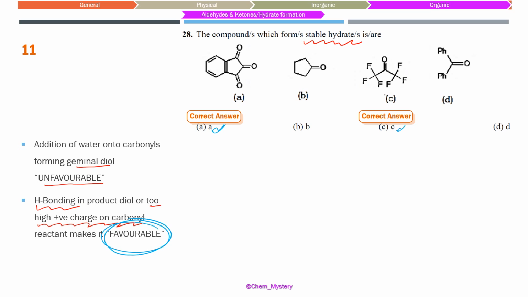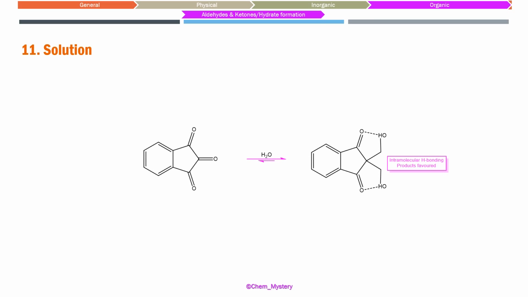See, in the first case we have got this compound, and basically this carbonyl group is going to have quite high positive charge, because there will be strong electron withdrawing groups. So there can be relatively quite high delta positive charge on this carbonyl carbon which is present in between. And when we are doing addition of water onto it, then we are getting this kind of hydrate possible.